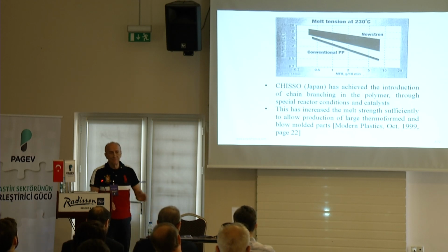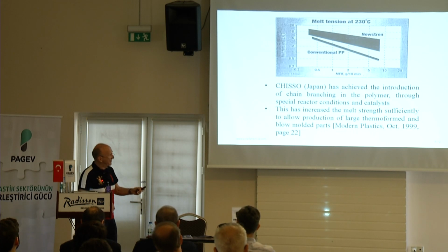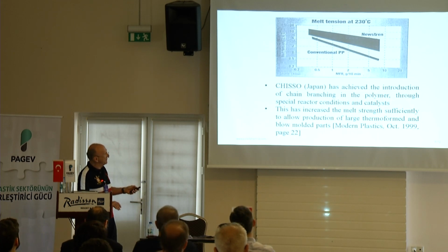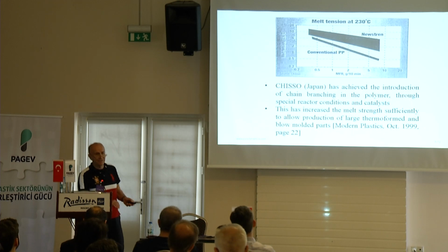And they say, this is an advertisement, just an infomercial: long chain branching in the polymer through special reactor conditions increases melt strength sufficiently to allow production of large thermoformed and blow molded parts.